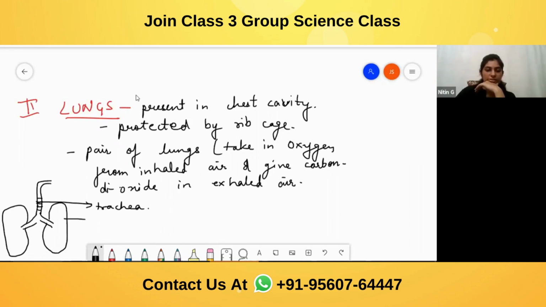These are the lungs. These are the bronchi. These are the bronchioles. The branches of bronchi are known as bronchioles.